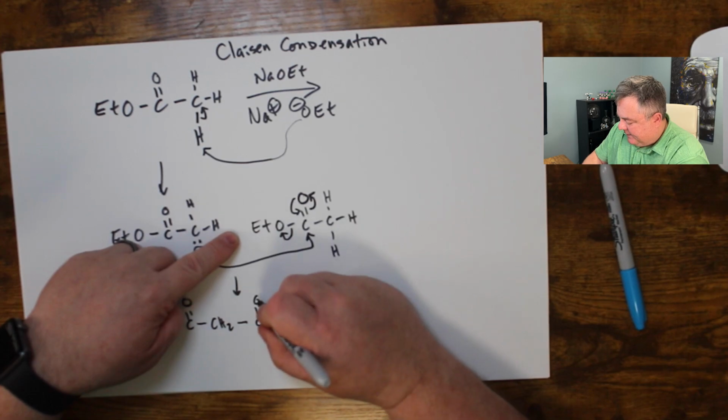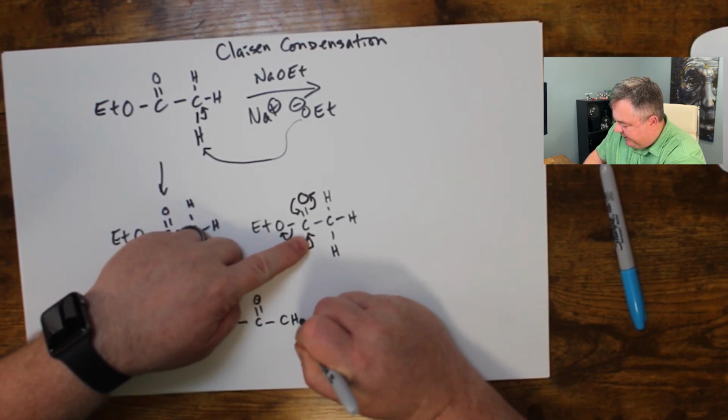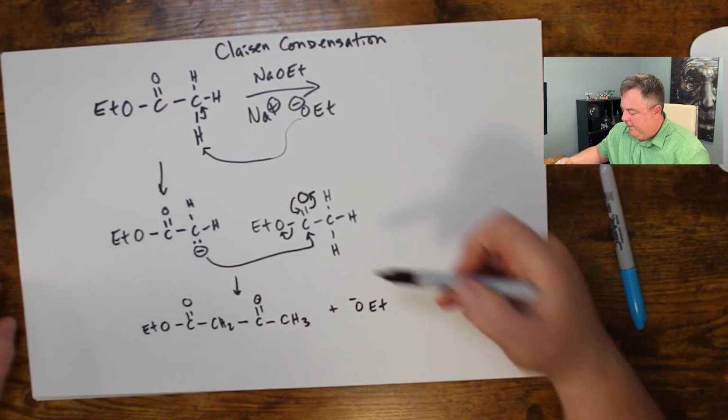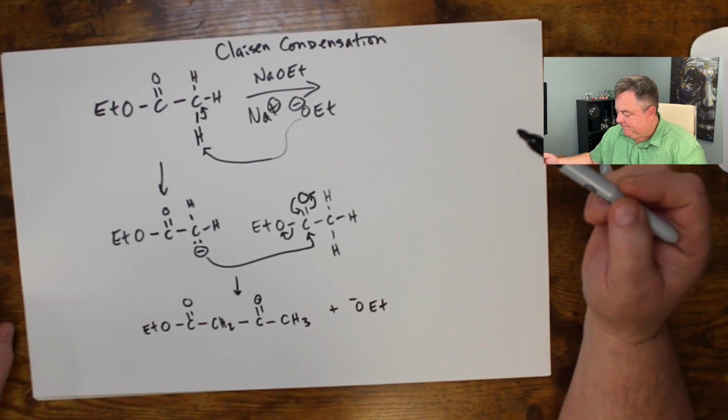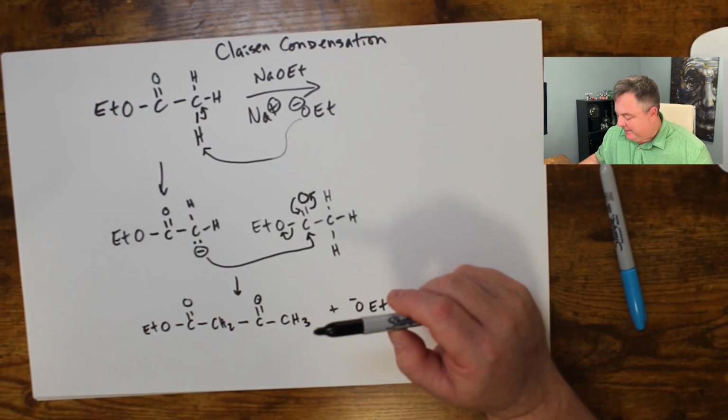The ethoxide fell off, it's not on there anymore, so the carbonyl just has this CH3 on it. And ethoxide is my leaving group. And that's the final product of a Claisen condensation.